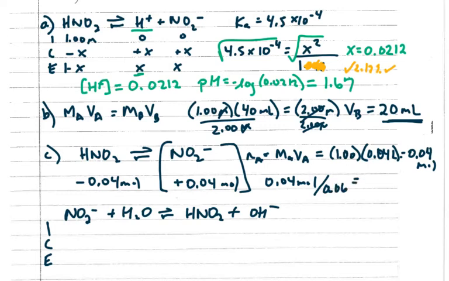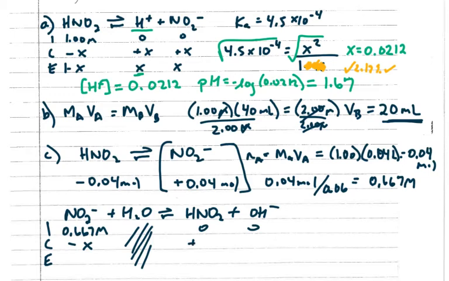So this concentration here is 0.667 molar. So we can plug that in. We have 0.667 molar of this base. Don't care about water. This is going to go down by x, this will go up by x in this equilibrium. So 0.667 minus x, x, and x.